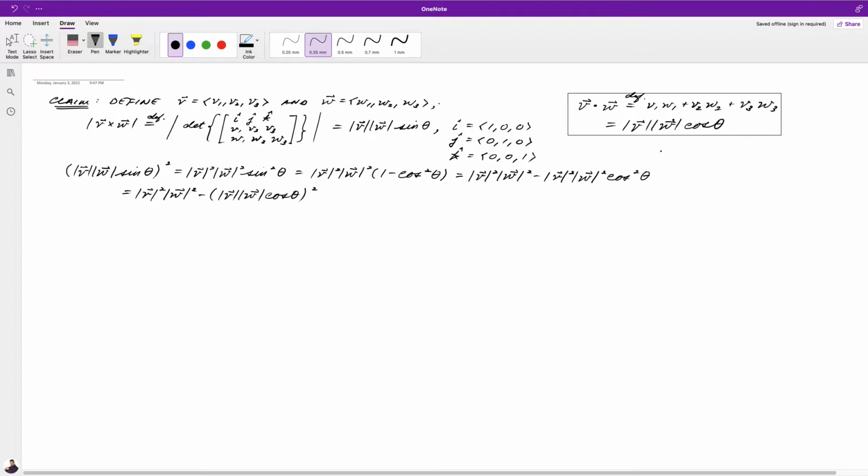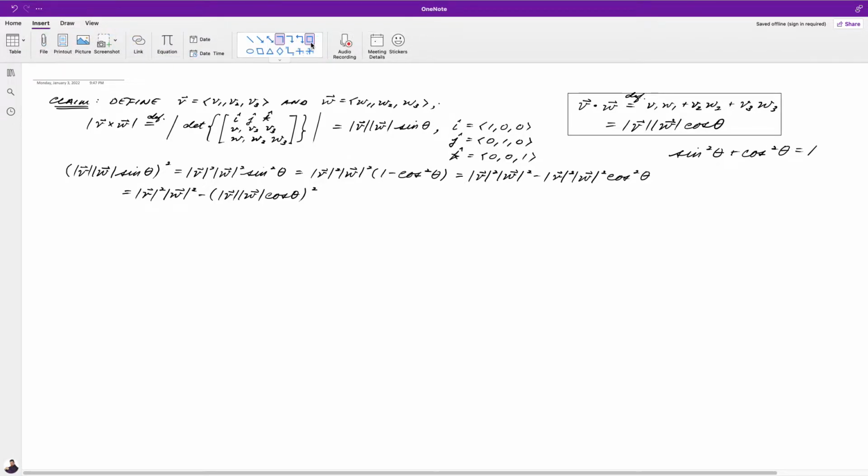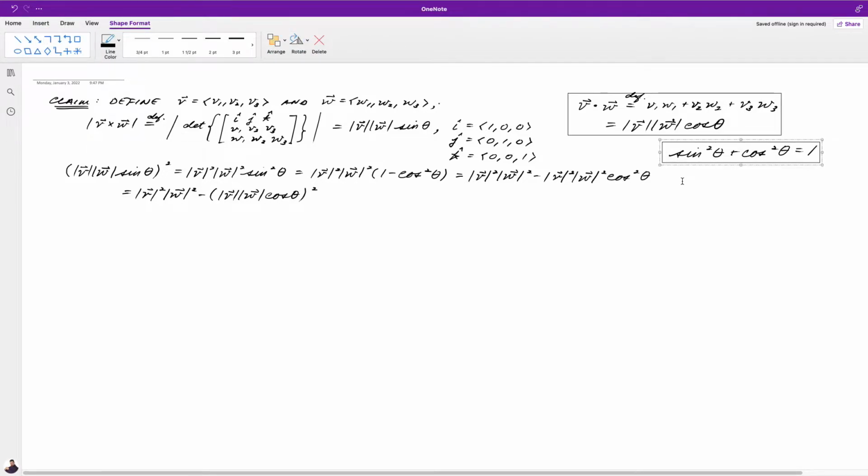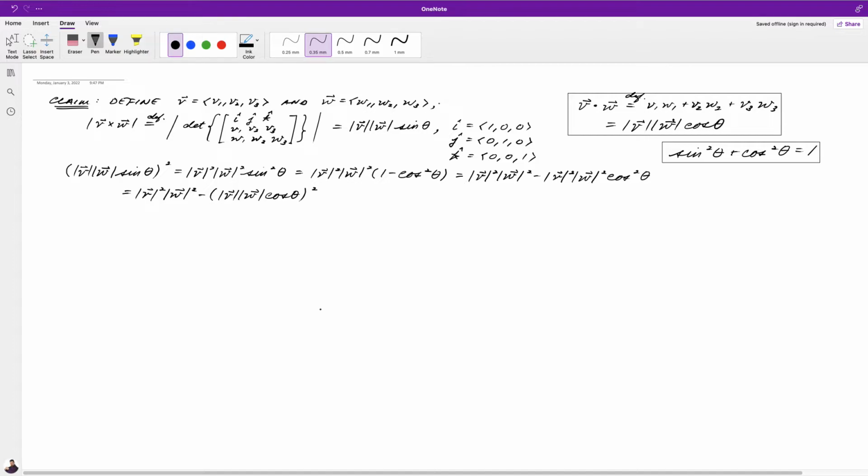Let's also be clear that we have used the following Pythagorean identity here today, the most fundamental of the Pythagorean identities. Let's get that boxed up. Also very important. So we use that from this step to this step.